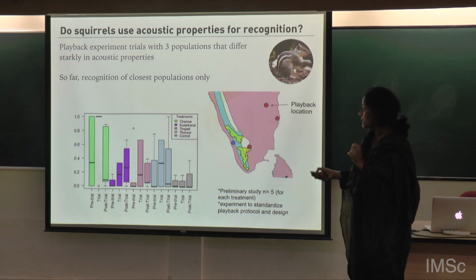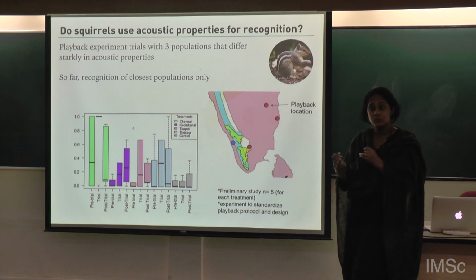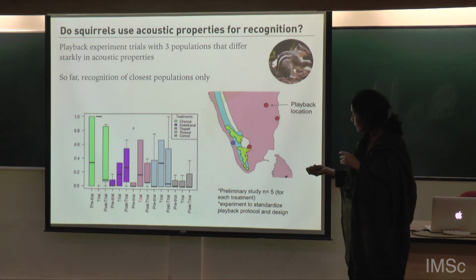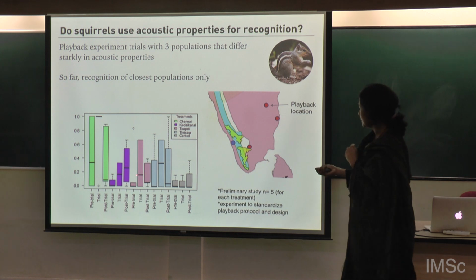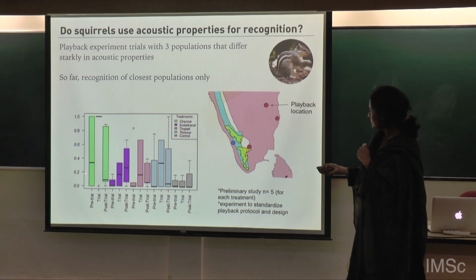So Tirupati individuals responded most to Tirupati individuals, and pink. But the response is only 20%. Is that the median? Yeah, this is a box-whisker plot. This is the trial response. This is about 20%.